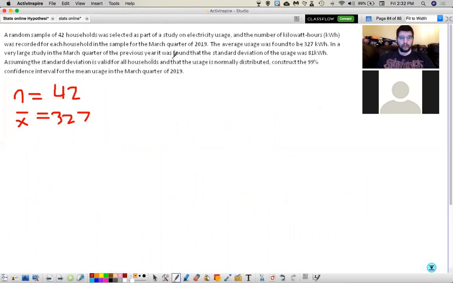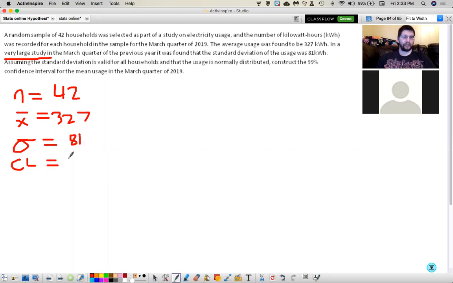In a very large study in the previous year, they found standard deviation to be 81. That's going to be our sigma. So they found sigma previously. If it was an S, if it was a sample standard deviation, it would be for this exact sample. It's for a very large study though. So we're going to use that as our sigma.